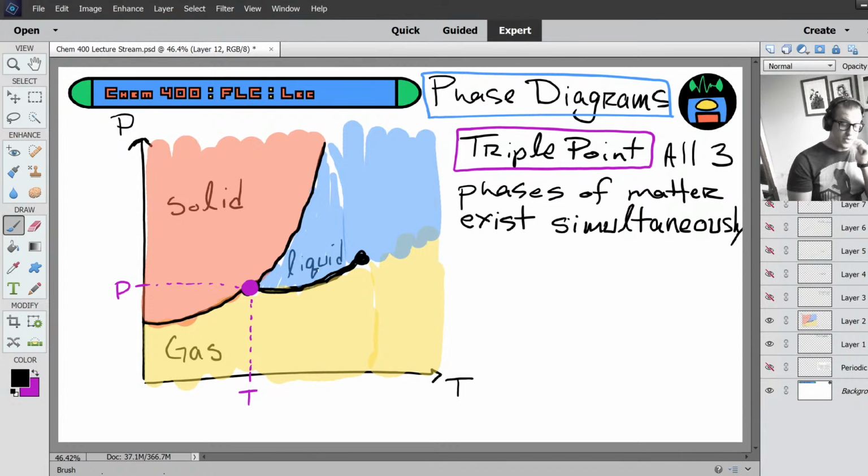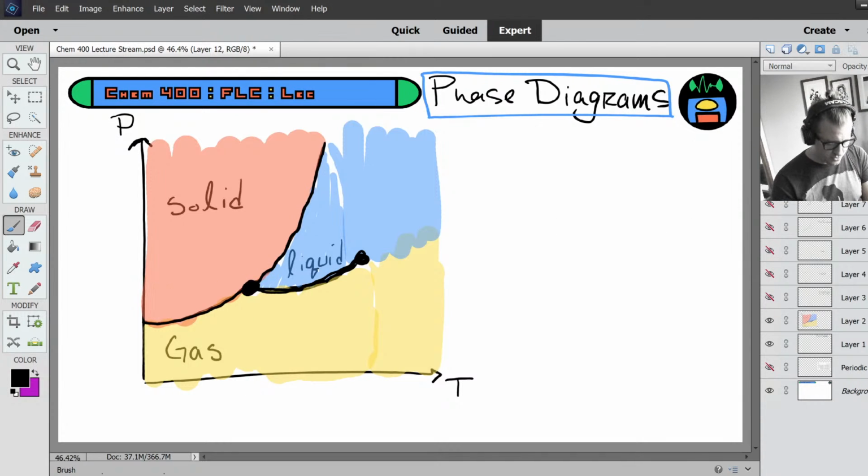All right, all three phases of matter. So at the triple point, you can have a solid, a liquid, and a gas all coexisting together at that temperature and pressure, and you find the triple point where the three meet in the center. So that's one thing you should be aware of, be able to pick out.